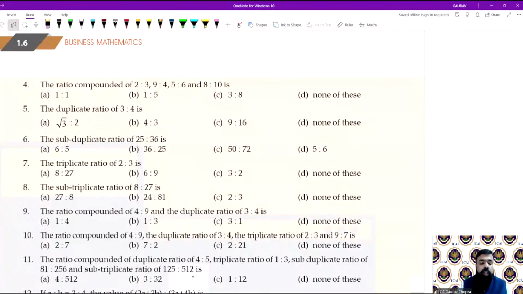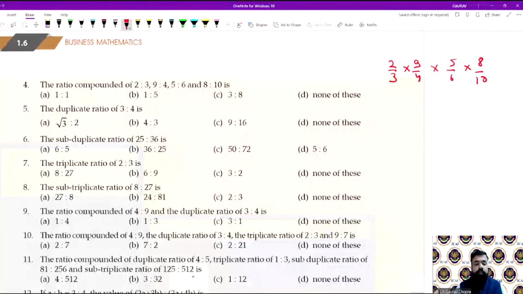Now the fourth one, the ratio compounded of 2:3, 9:4, 5:6, and 8:10. Compounding means combining all the ratios, so multiply all the antecedents and consequents. So we have 2/3, 9/4, 5/6, and 8/10.